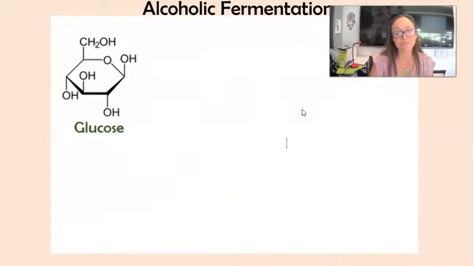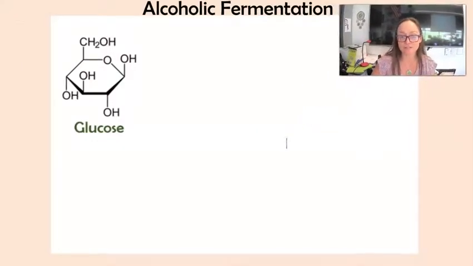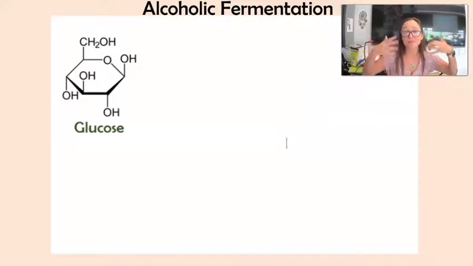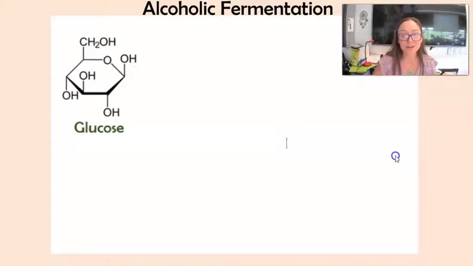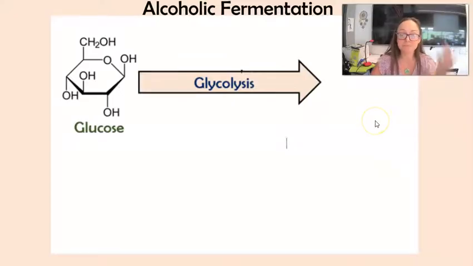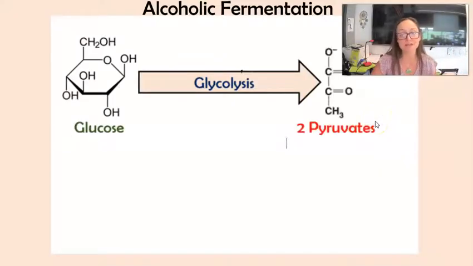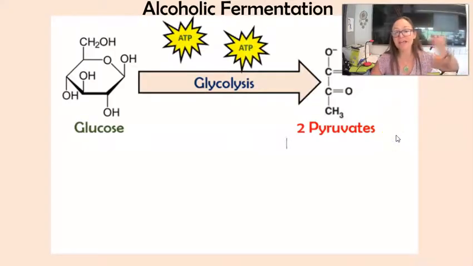Now, the second type of fermentation is alcoholic fermentation, and it's the same exact reason. In anaerobic conditions, we need to make sure that we have the electron carrier being regenerated or recycled. So we have glycolysis starting with glucose, ending with pyruvates, making 2 ATP.